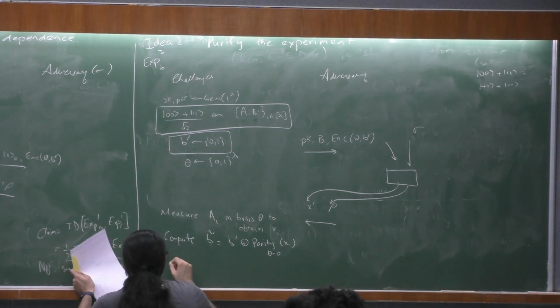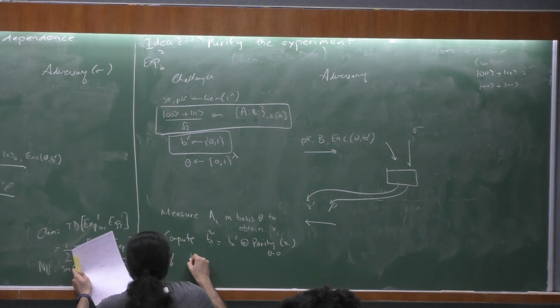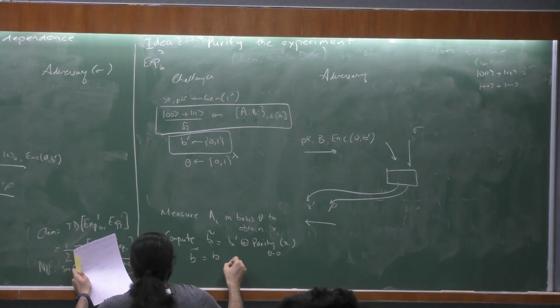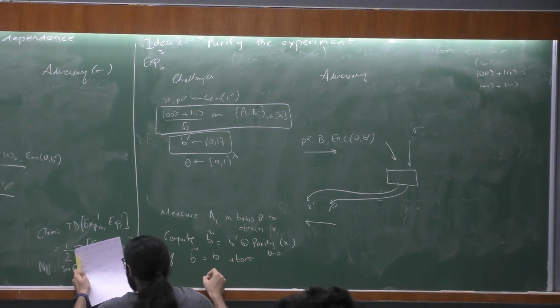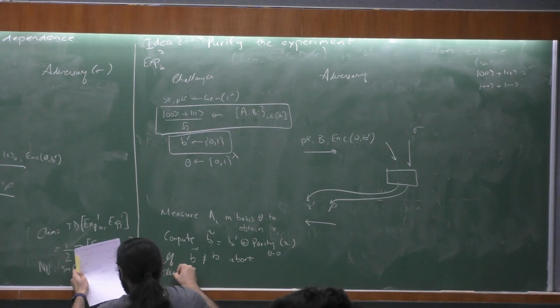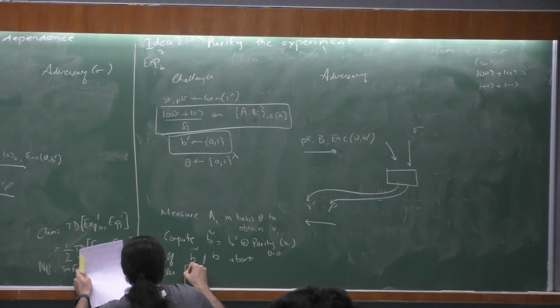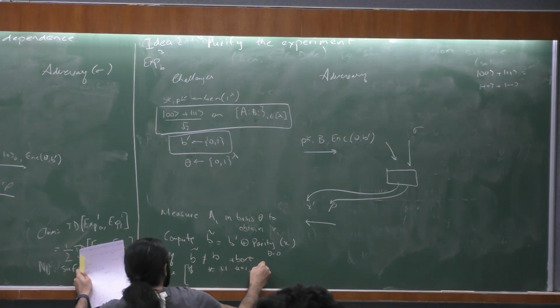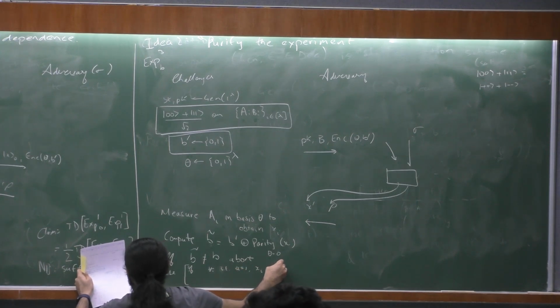Okay, and then if B tilde does not equal B, you abort. Oh, sorry, not equals. And then otherwise, you proceed as the initial game. So if for all i such that theta_i is 1, xi has to match x prime i.